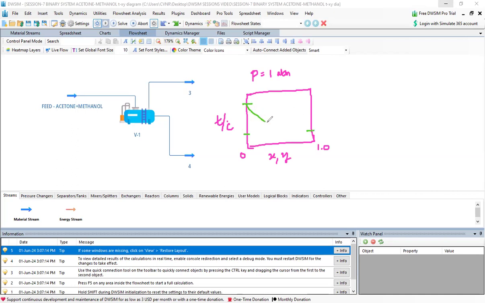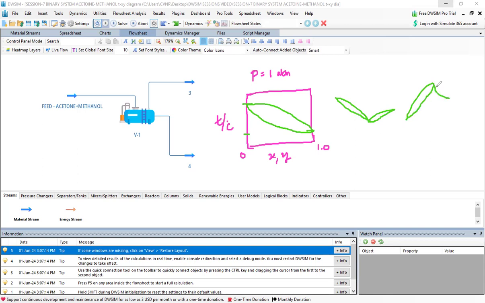The curve looks something like this. If this is ideal, this particular shape looks this way. Suppose if it is a minimum boiling azeotrope, this looks like this. If it is a maximum boiling azeotrope, it may look like this.